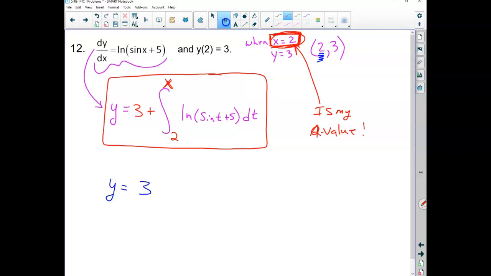it's my a value. The y value they give me gets added outside the integral.